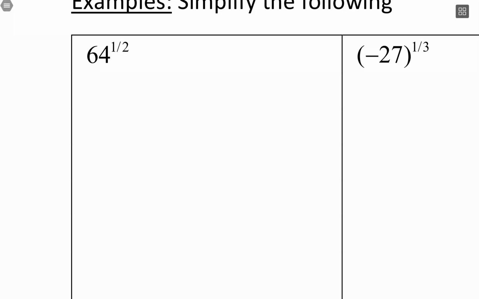If we have 64 to the 1/2 power, the denominator of 2 is a square root. You could write a 2 outside, but it's implied if we just use the root symbol, and then 64 goes underneath. And then we just evaluate. The square root of 64 is 8.